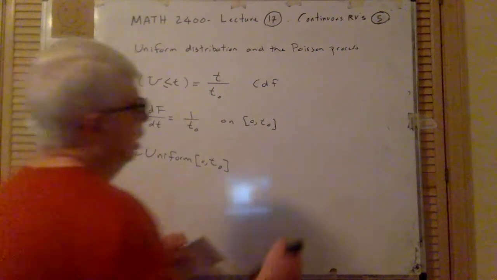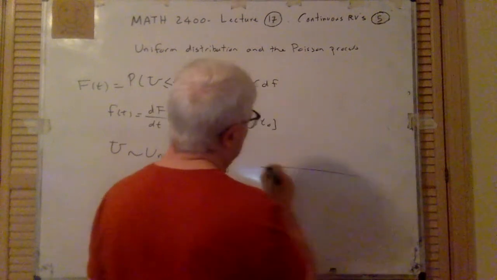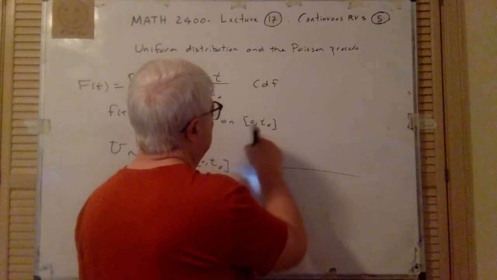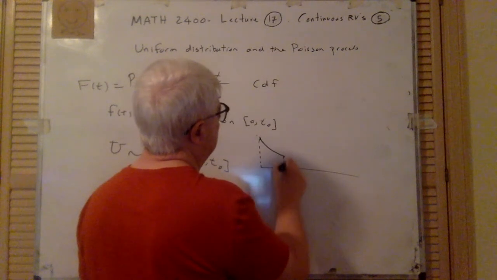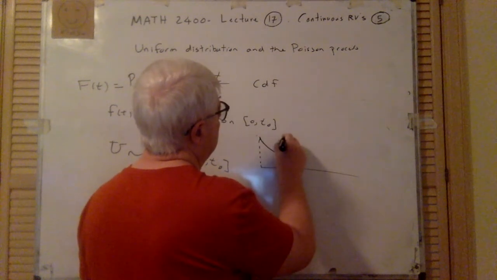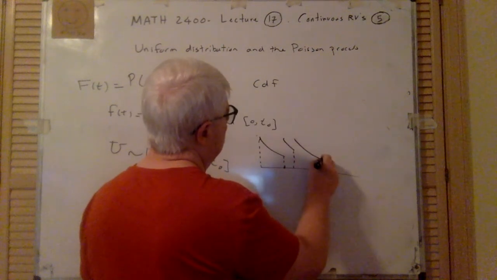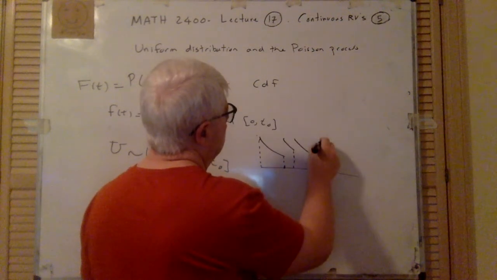So the process was like this. I start here, with an inter-arrival time, and somebody arrives. Then I start again, somebody arrives. Then I start again, somebody arrives, and so on.